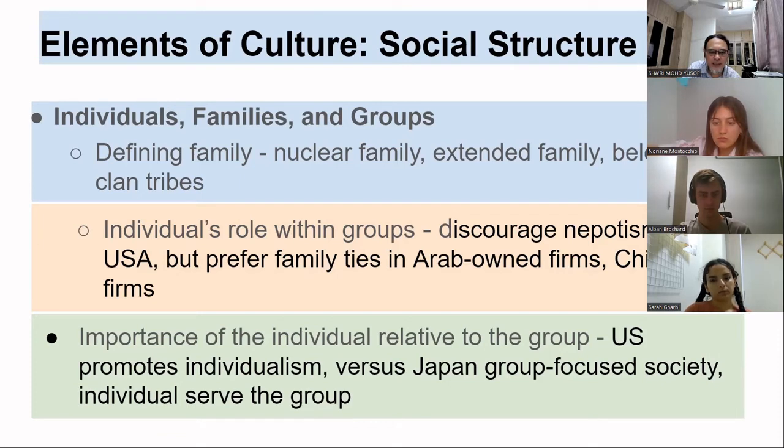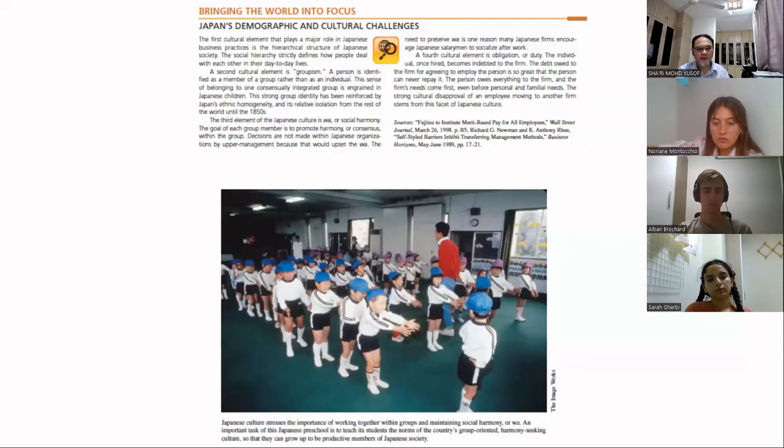So that's the first element, which is social culture. Any questions? So this is Japan's demographic and cultural challenges. In terms of hierarchy, hierarchy defines how people deal with each other in their day-to-day life. And also they have this collectivism, a very collectivist society.